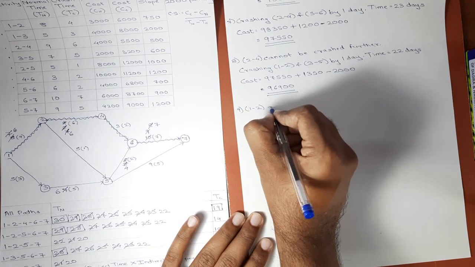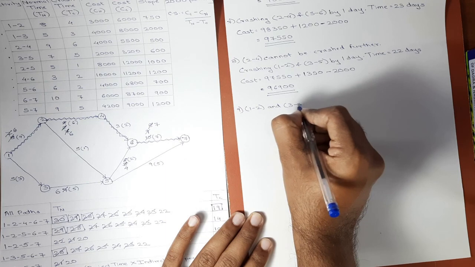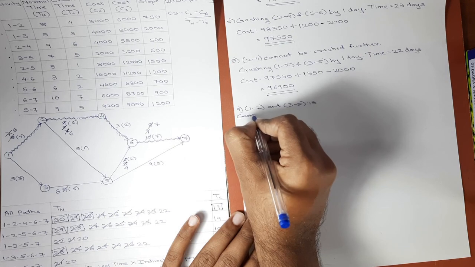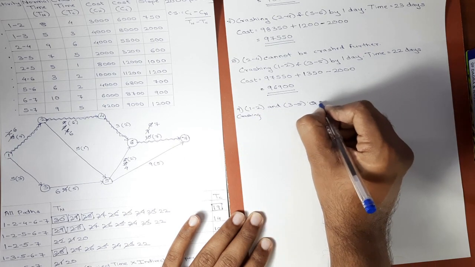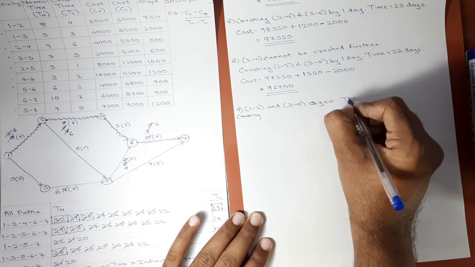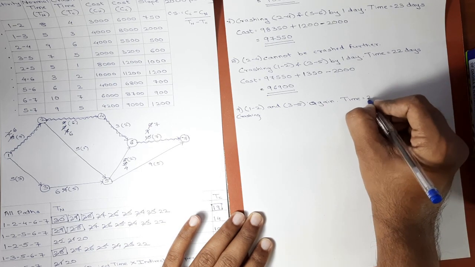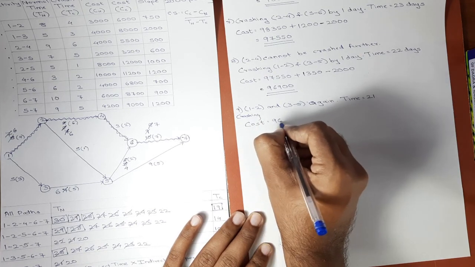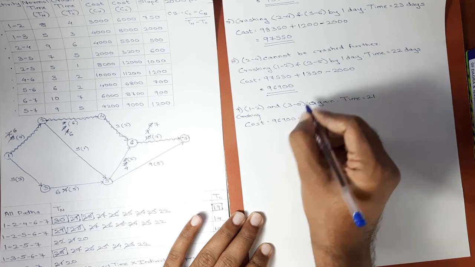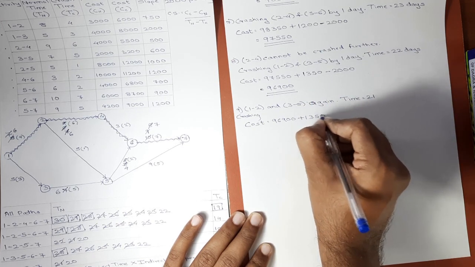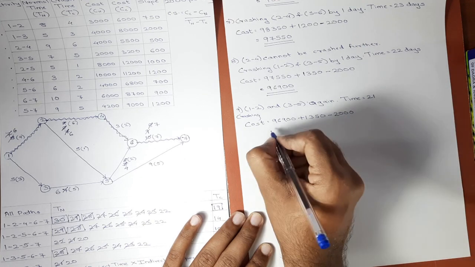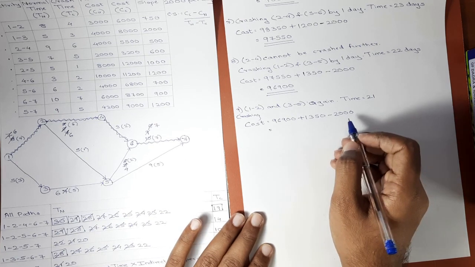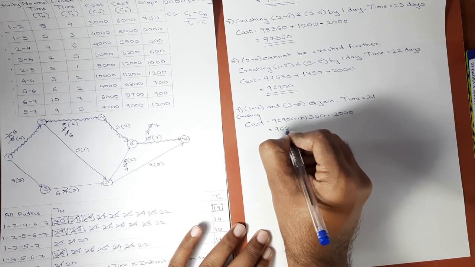Now the time will be from 22 to 21 days. 1 day will be reduced, and the corresponding cost will be 96,900 plus combined cost slope of 1350, minus 2000. The cost is 96,250.